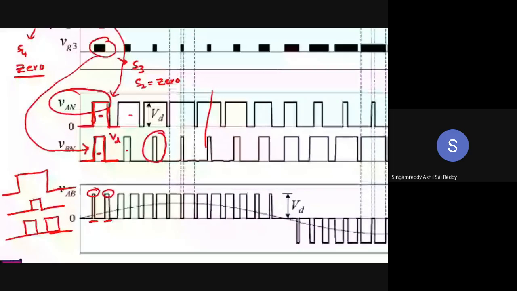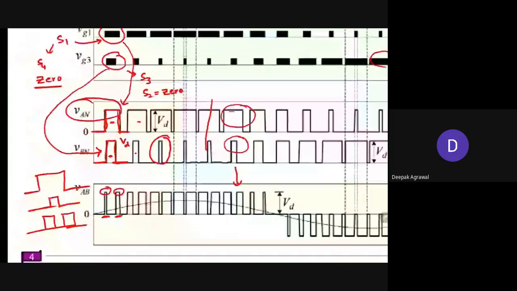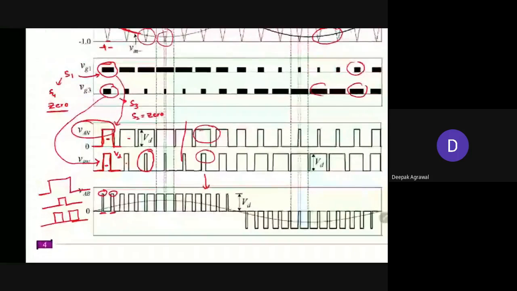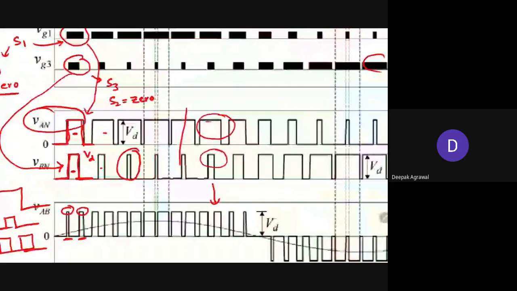Okay, you got it? Same thing here you can observe, right? This is a wider pulse, this is a wider pulse, and this is a narrower pulse, right? So if you subtract this one, this one splits into two. Right? So if you notice that in the positive half cycle, the width of the switch S1 is higher when compared to the switch S3.